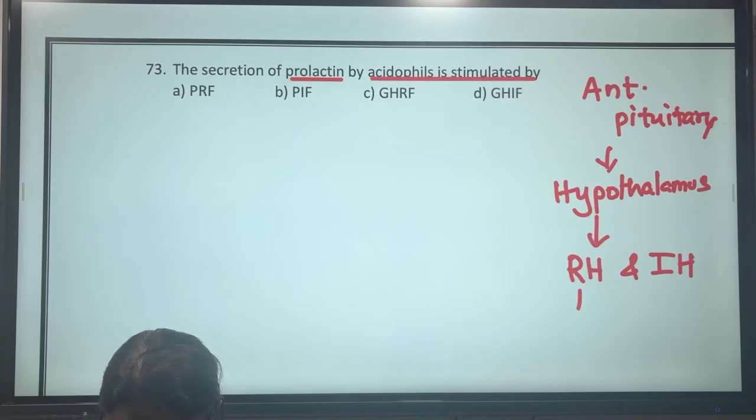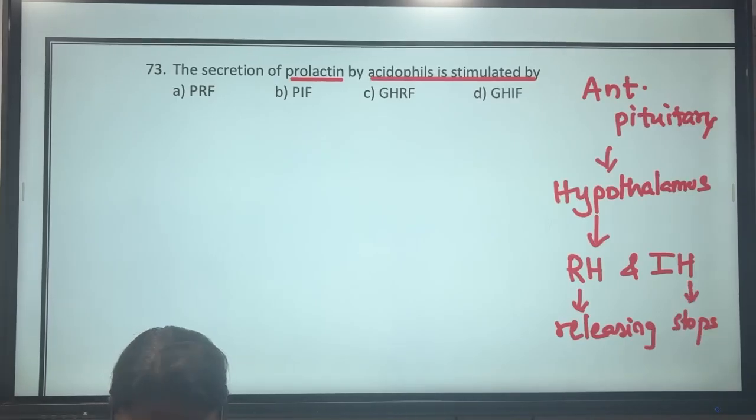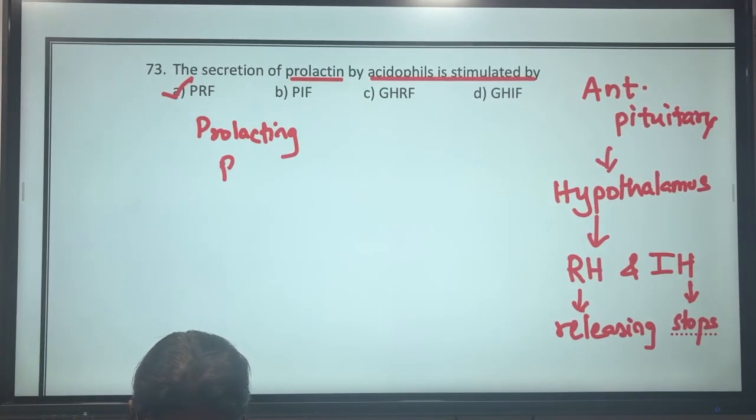RH causes the hormone to be produced, releasing hormone, and IH inhibits, stops. So the hormone that controls prolactin is PRF, prolactin releasing factor.